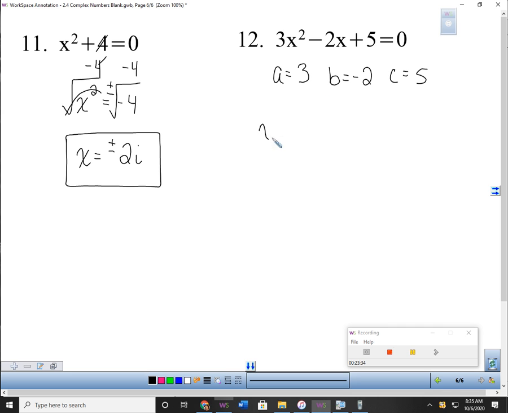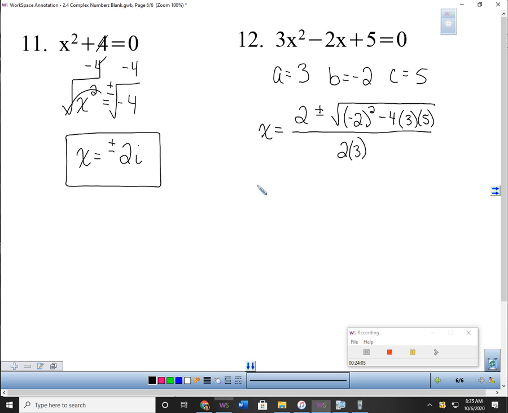So you've got x is equal to, and then I always think opposite of b, so 2 plus or minus the square root of b squared, and it's really important that you put parentheses since b is negative, minus 4 times a times c, all over 2 times a.